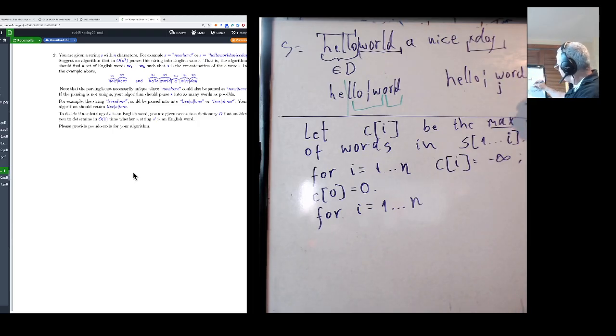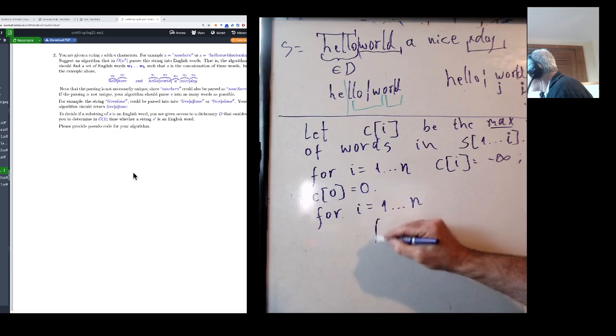I'm not saying it clearly. I'm at index I over here, I'm at the end of the D. I equals now to the end of the D. So I suspect that there is some word, say world, that ends right here at I. I'll go and look for the beginning of this word.